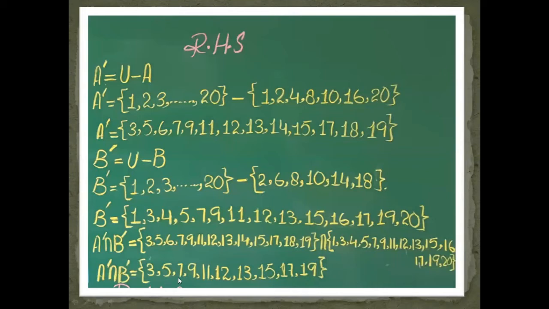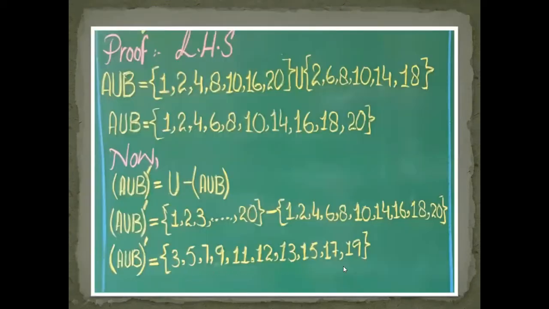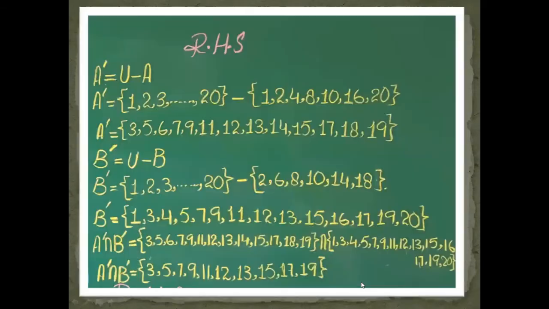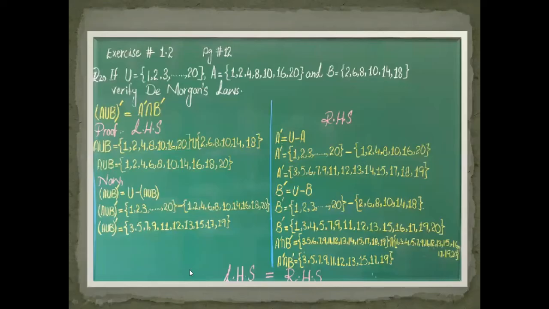So this is the answer of the right hand side and this is the answer of the left hand side. I will show you the whole solution on one page. So it's proved that left hand side is equal to right hand side, hence De Morgan's law is proved.